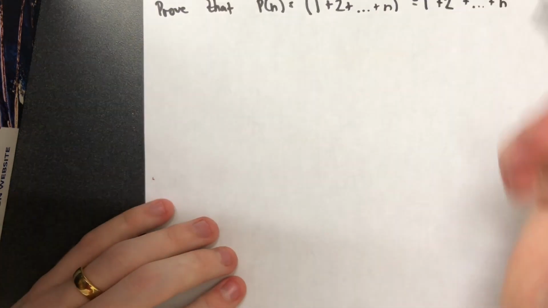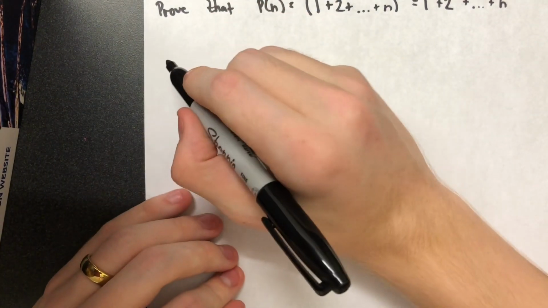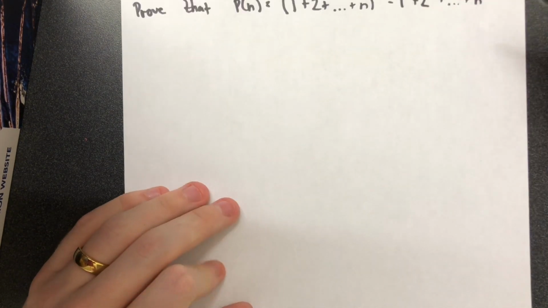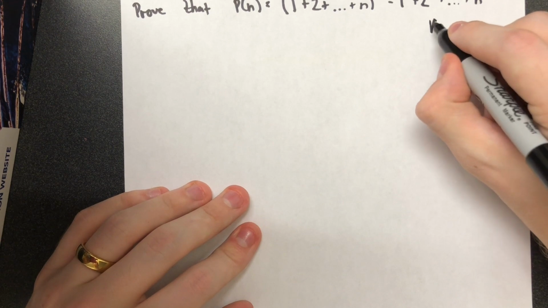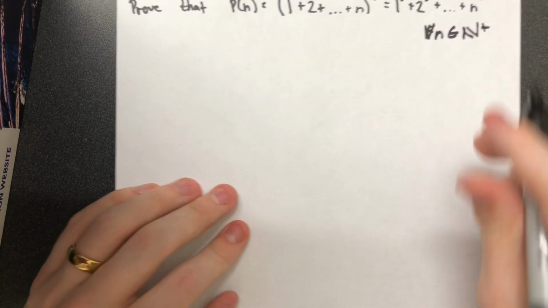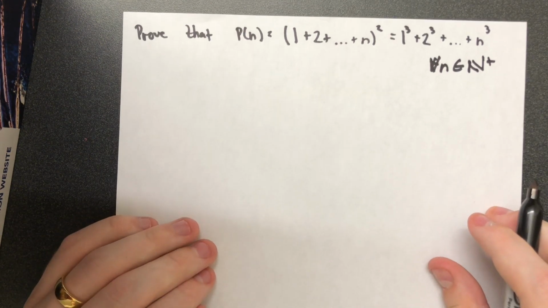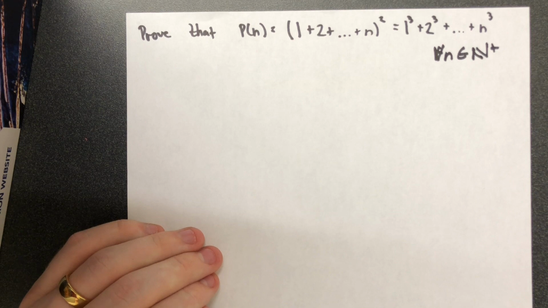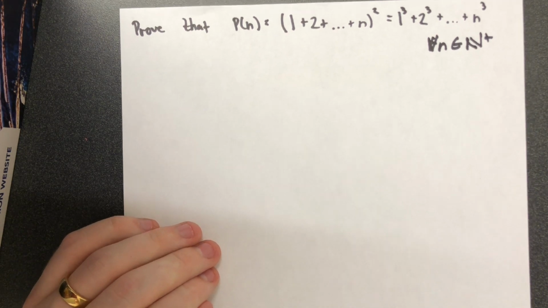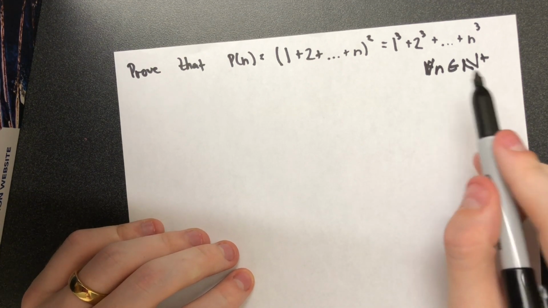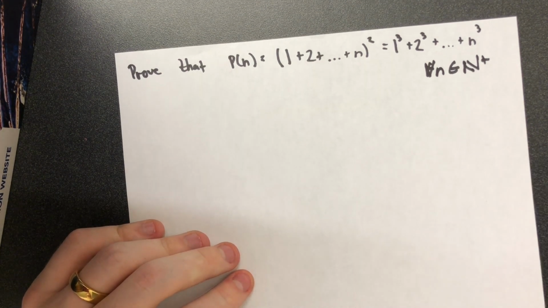Alright, so again, first thing we're going to do, we'll still assume that n is in the set of natural numbers, natural positives. I didn't write that in the conclusion of the other one, but that's alright.